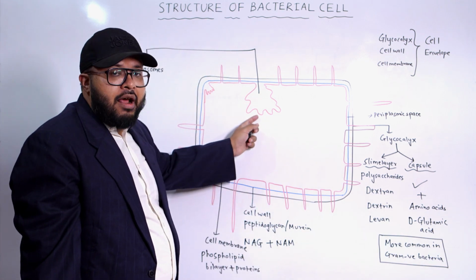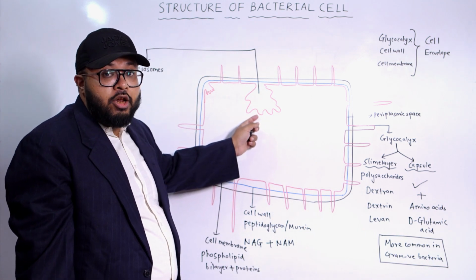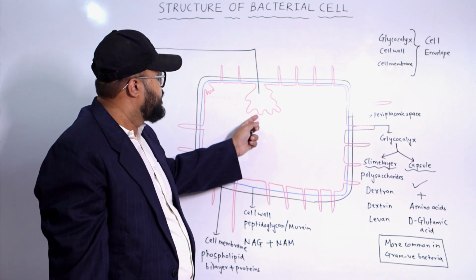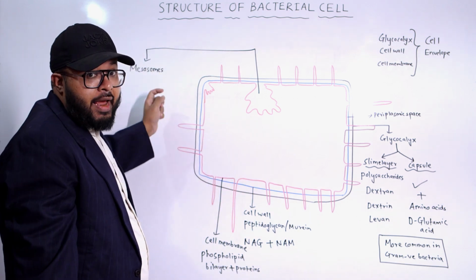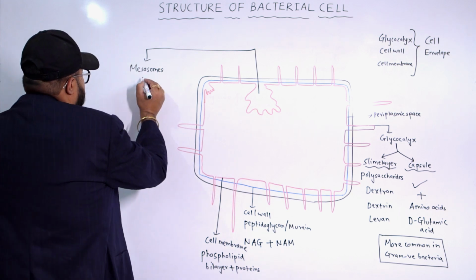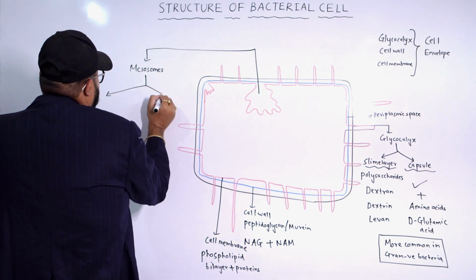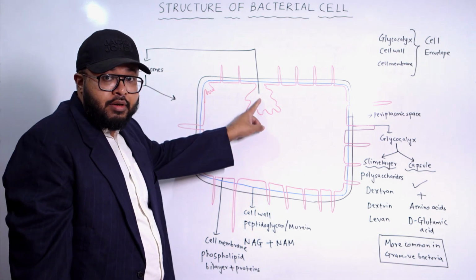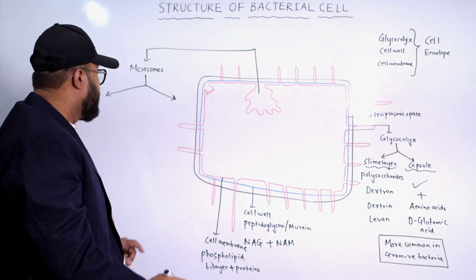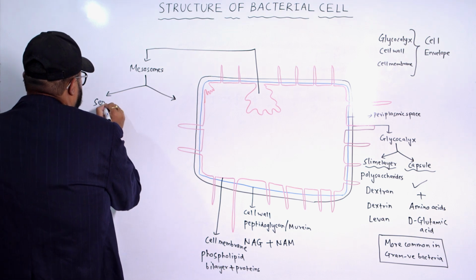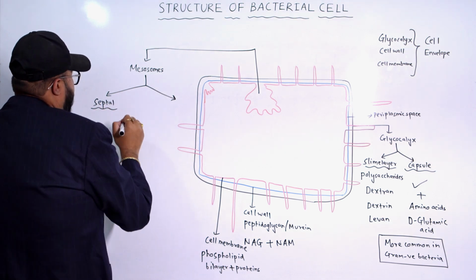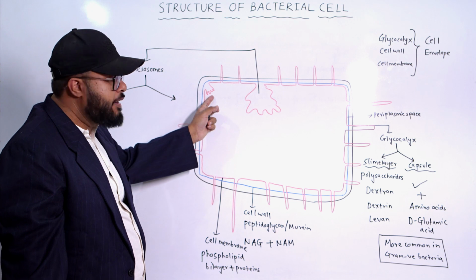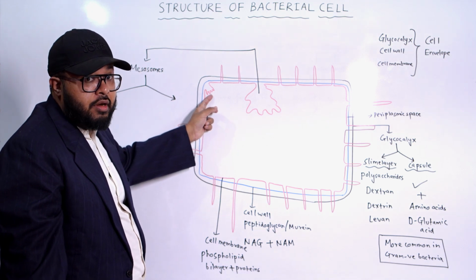They increase the surface area and enzymatic content of the cell membrane. These mesosomes are of two types. The mesosome which is central in position is called the septal mesosome, and the mesosome which is lateral in position is called the lateral mesosome.